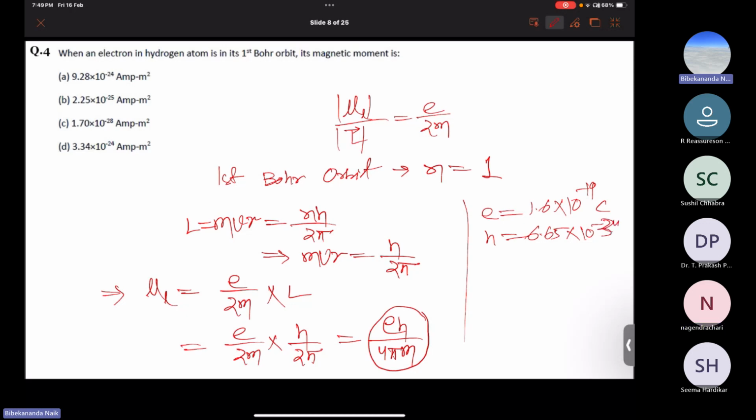The mass of electron is 9.1 into 10 to the power minus 31 kg. Pi is 3.142. So put all these values and tell me what is the value of mu L.